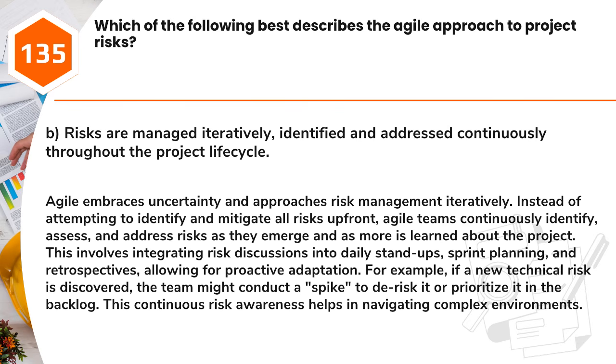This involves integrating risk discussions into daily stand-ups, sprint planning, and retrospectives, allowing for proactive adaptation. For example, if a new technical risk is discovered, the team might conduct a spike to de-risk it or prioritize it in the backlog. This continuous risk awareness helps in navigating complex environments.